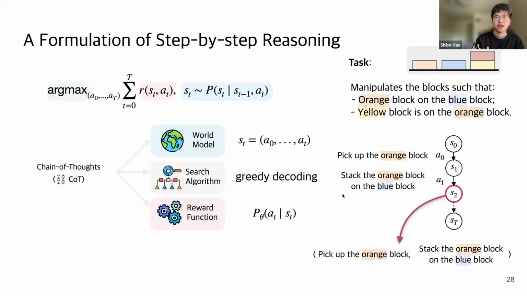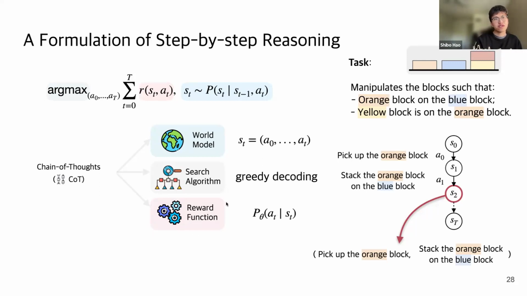But since chain of thought doesn't explicitly model the state, we can define the state here as a collection, or the list, of all the previous actions. For example, I2 here is like that. Basically, it's just the concatenation of A0 and A1.